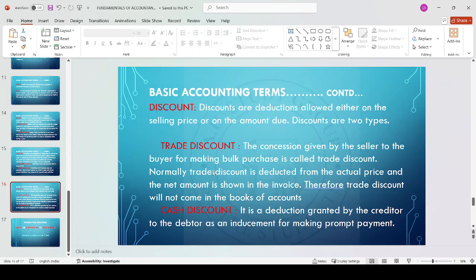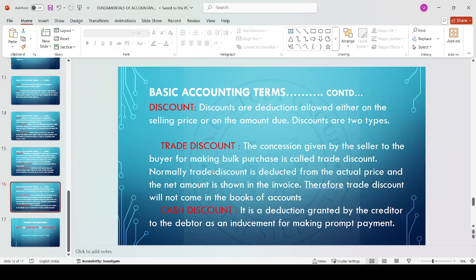In business, for example, someone owes me 1 lakh rupees, and they would have to pay me after 5 or 6 months. But I can give you a cash discount. If you are clearing the dues now, instead of 1 lakh, I'll take 95,000. So I'm giving 5% cash discount.